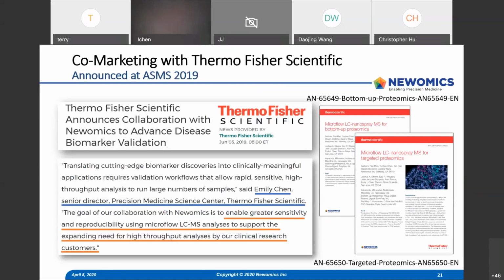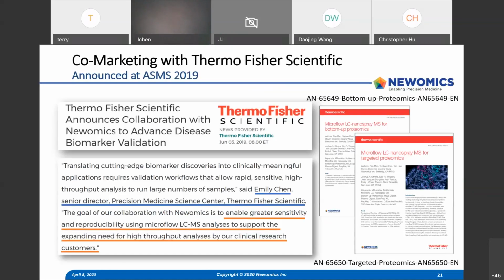We know it is relatively easy to discover biomarkers. You can maybe identify several hundred biomarkers, but validation is hard. You need to run hundreds, if not thousands, of clinical samples in order to validate the biomarkers. In this case, you need throughput.